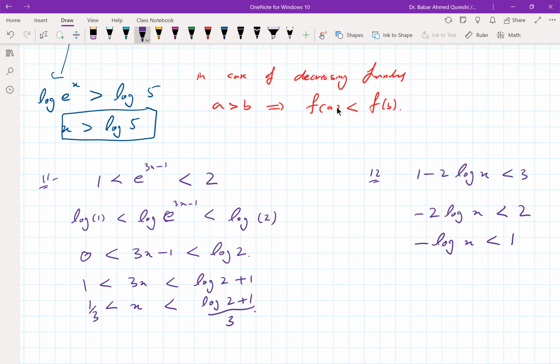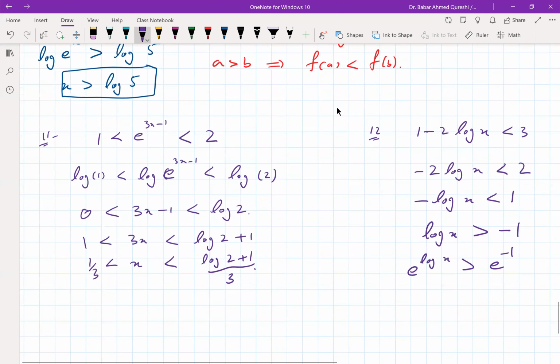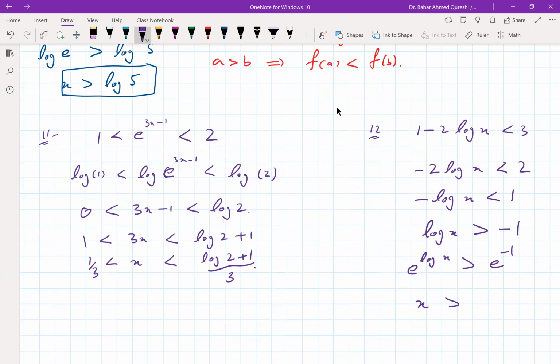I multiply by minus 1, the inequality flips. Now I raise it to the power e. So x is bigger than 1 over e. That's the solution.